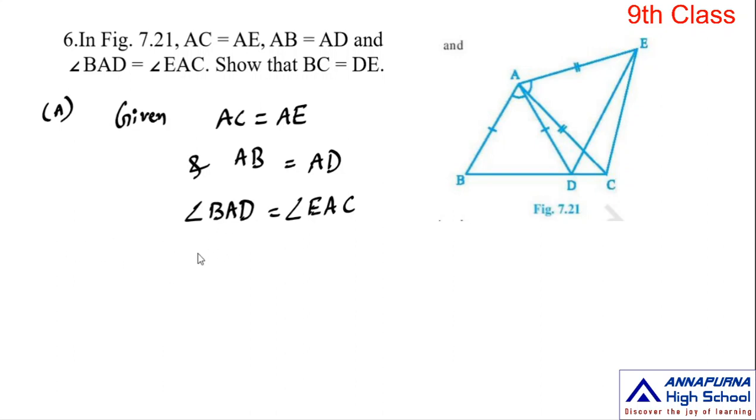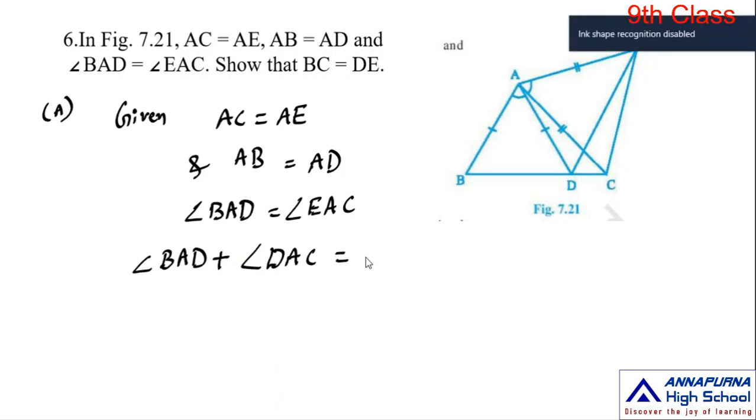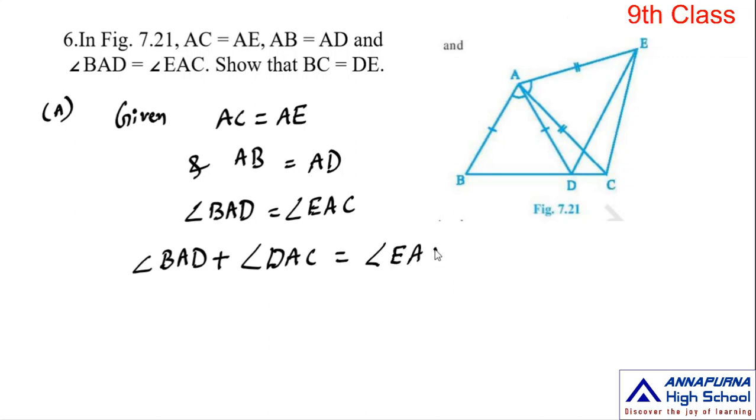Adding angle DAC on both sides in this condition. So angle BAD plus angle DAC is equal to angle EAC plus angle DAC.